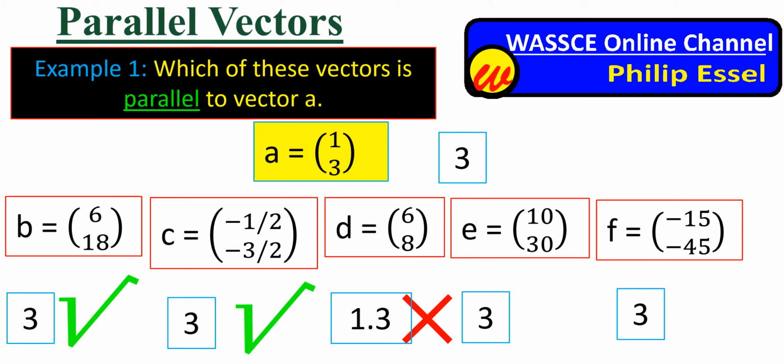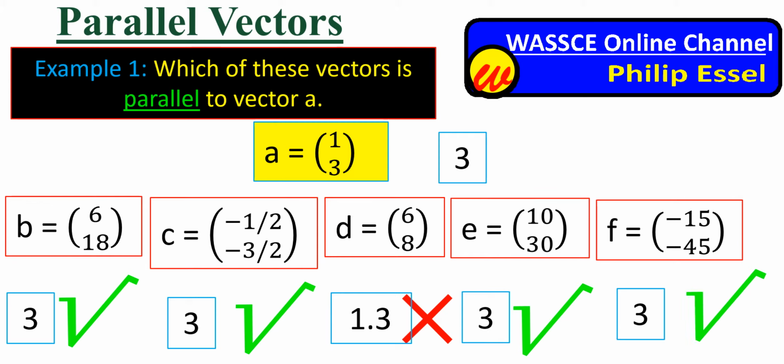It is the same as that of the vector A. So it is parallel to the vector A. Finally, the vector F has the slope 3, which is also the same as that of the vector A. So it is also parallel to the vector A.